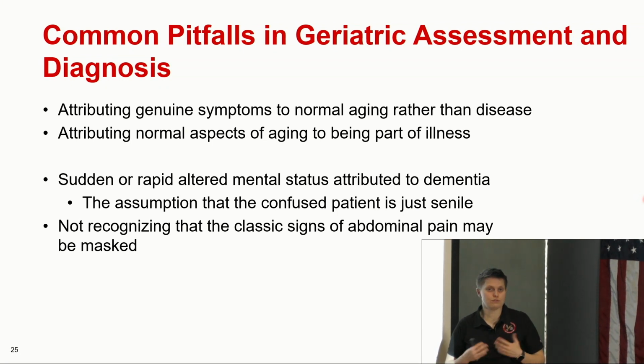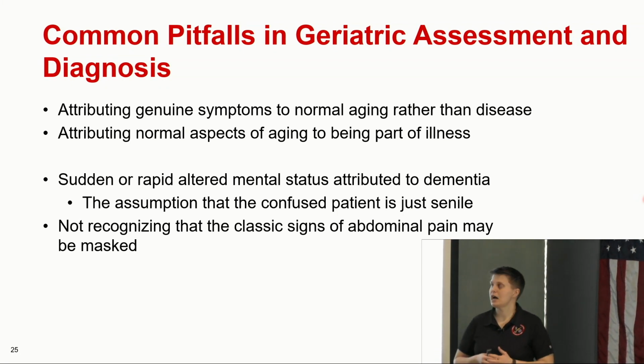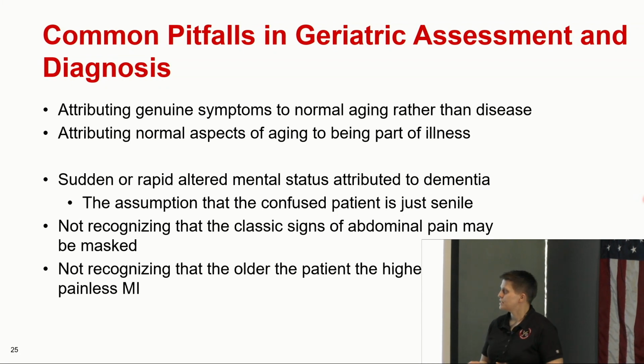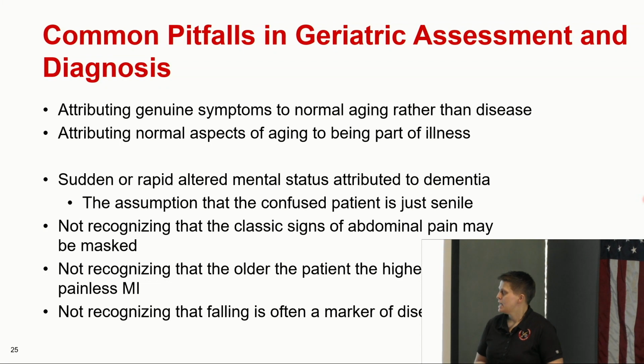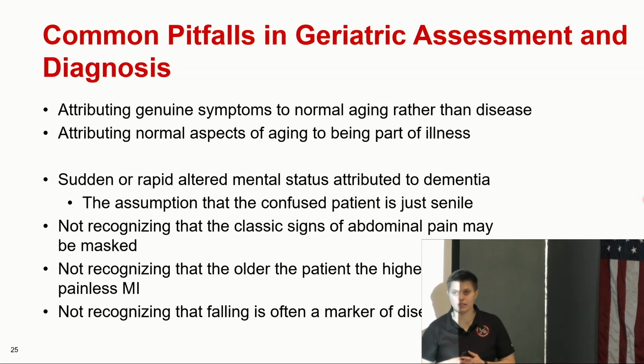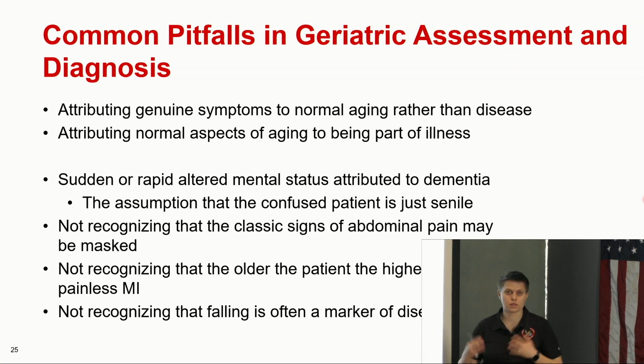Abdominal pain is really tricky in elderly patients, and we need to realize that they may not present with the standard severe belly pain in the case of an intestinal obstruction or things like that, because their pain perception is different. They present with MIs very differently, and falling may not always be mechanical, right? It's not always that they slipped and tripped or were climbing up a ladder.